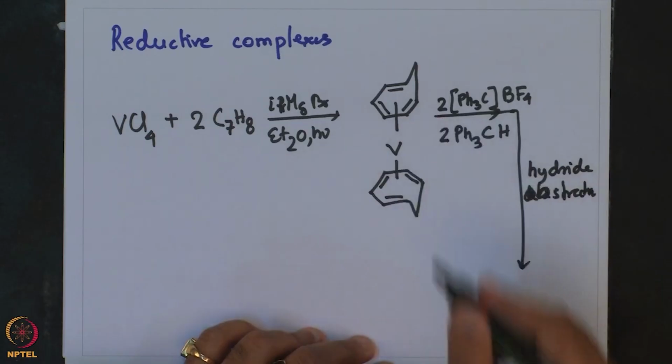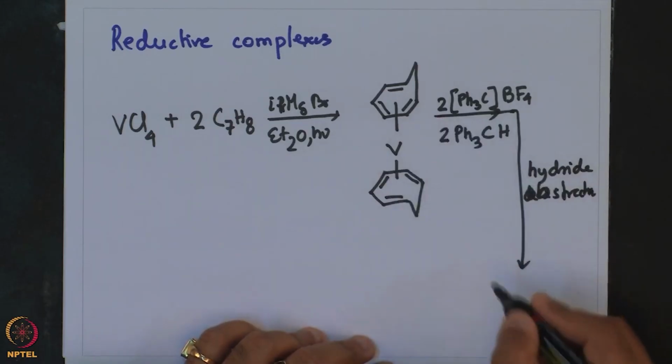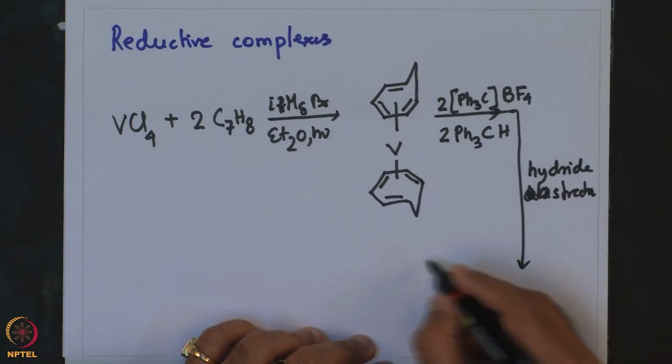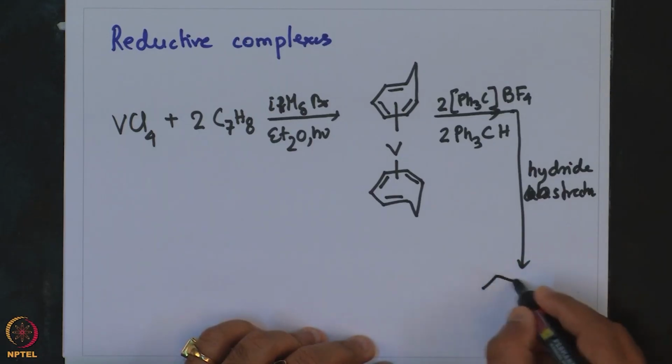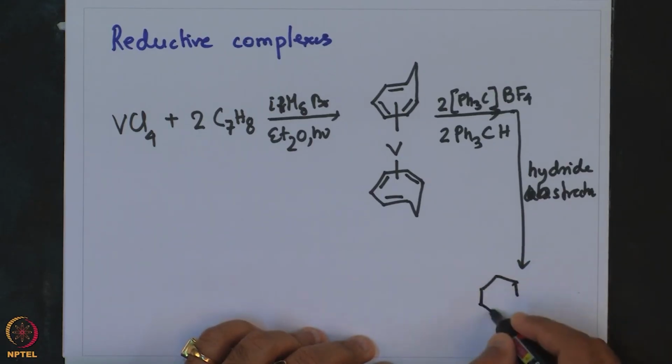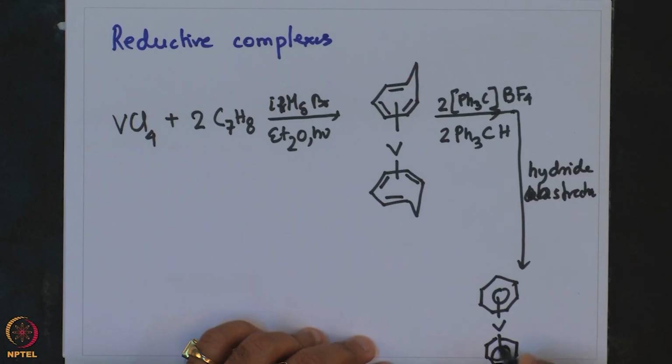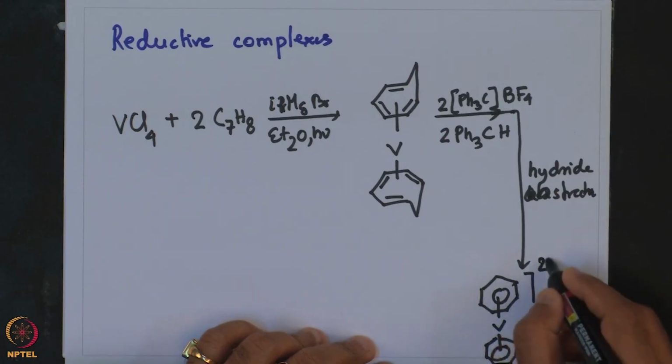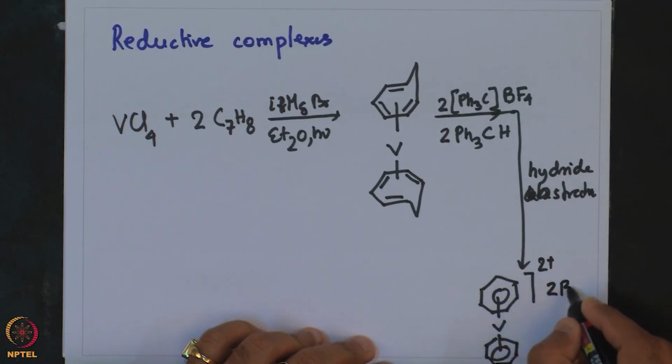A dicationic C7H7 bis tropylium vanadium compound is formed, as is shown over here. 2 plus and 2 BF4 minus.